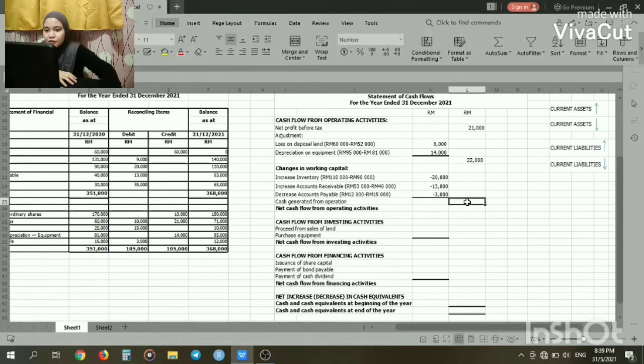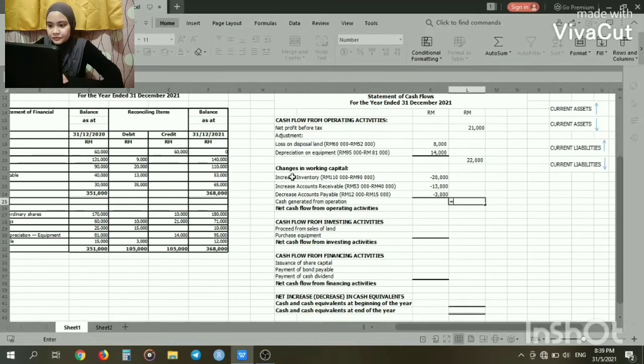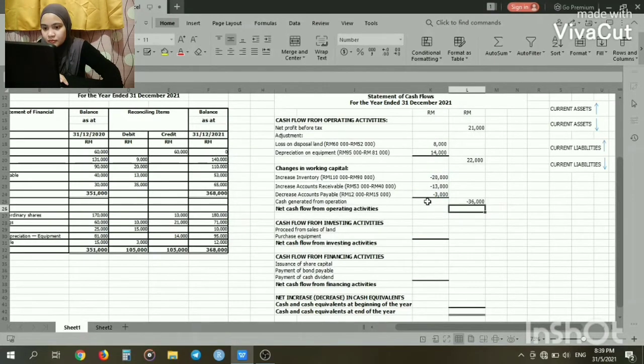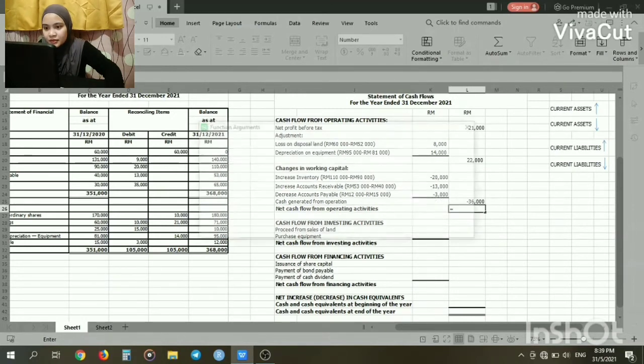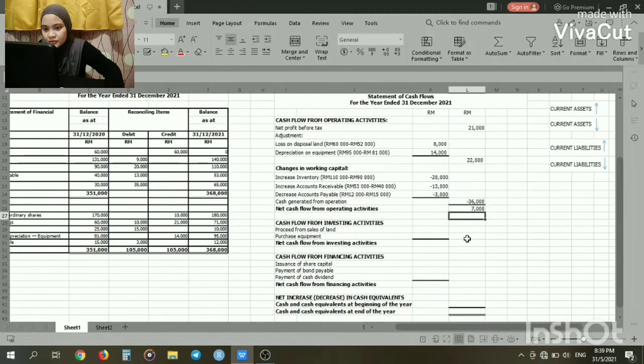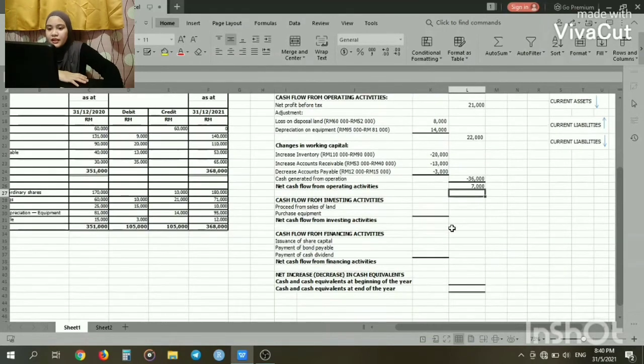So we get negative 3,000. For cash generated from operations, we sum up all the changes in working capital, and we get negative 36,000. For net cash flow from operating activities, we sum up all the figures here, and we get 7,000.